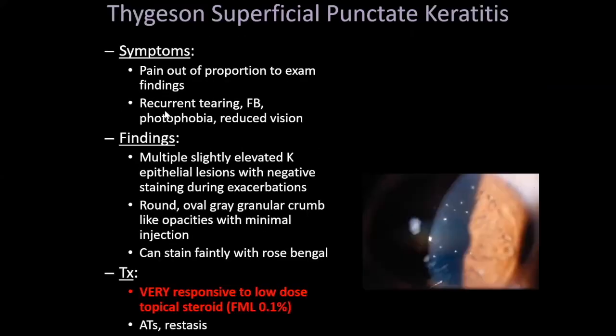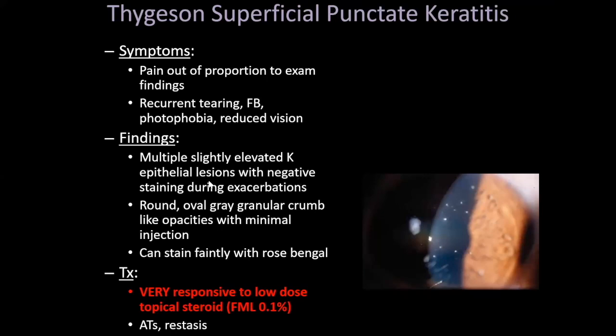Thygeson's. Thygeson's presents as pain out of proportion to what we find clinically. It is very recurrent. The patient complains of foreign body sensation, photophobia, reduced vision because of altered corneal surface. How does it present?